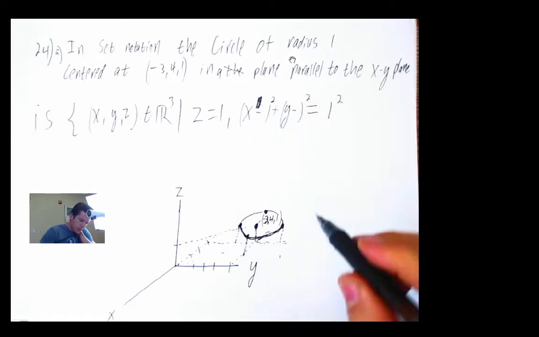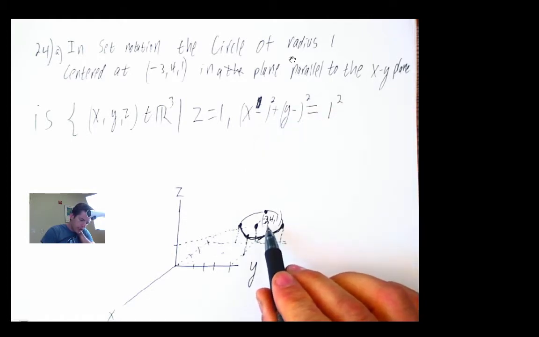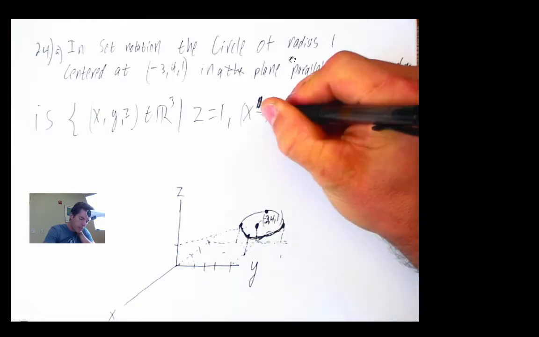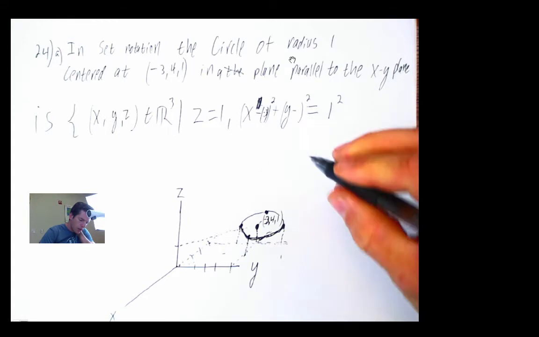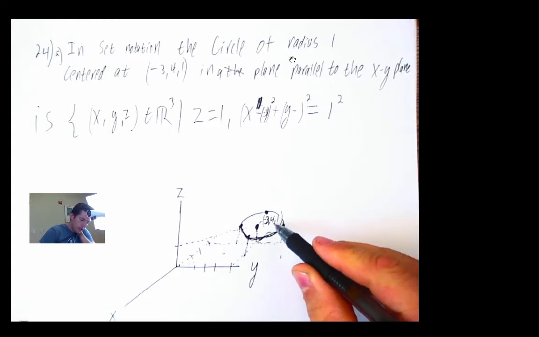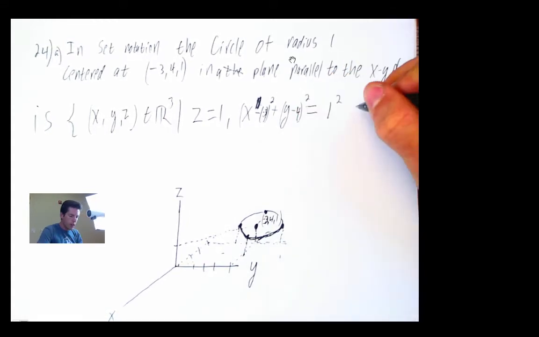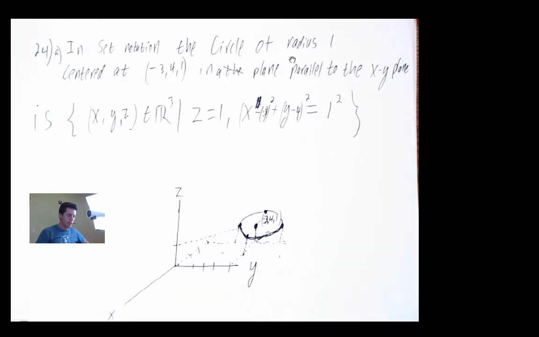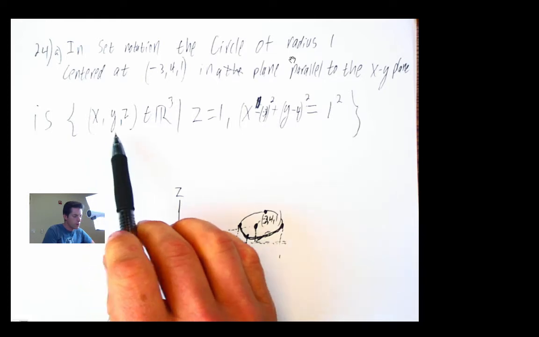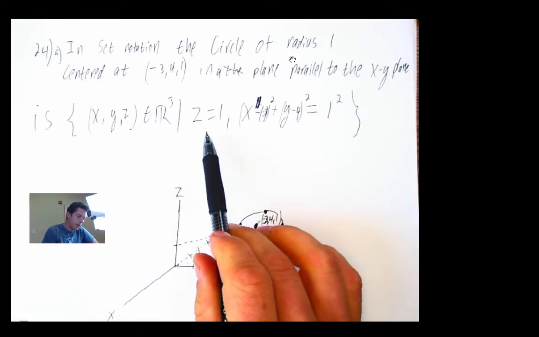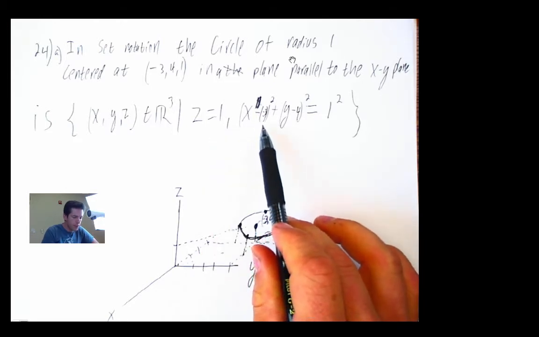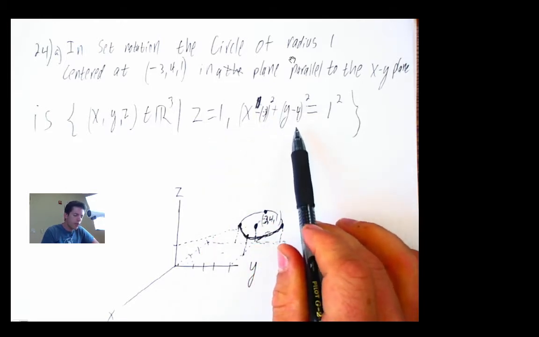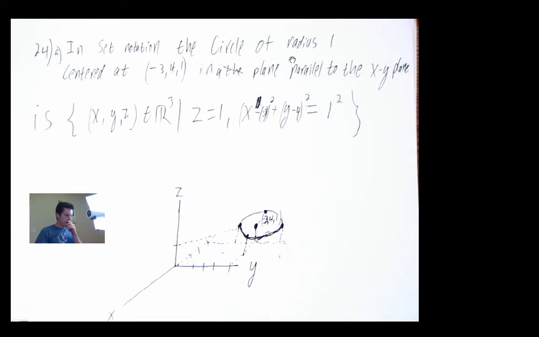The x coordinate at the center is -3, so x minus -3 would be just what I need. And the y coordinate of the center is 4, so y minus 4. There it is. Okay, so the set of ordered triples with two conditions: z must be 1, and (x plus 3) squared plus (y minus 4) squared is equal to 1.